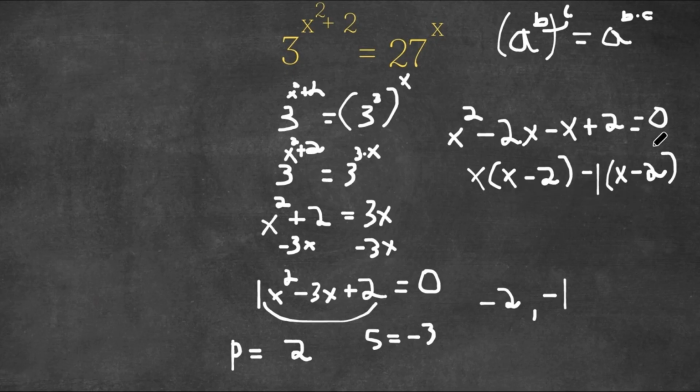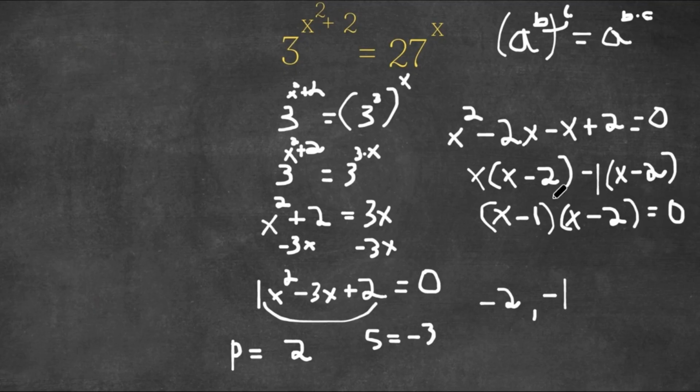Now this is the same thing as x minus 1 times x minus 2, and this is equal to 0. And our two solutions are 1 and 2, because if you plug in 1, it makes the whole equation equal 0, and same goes for 2.